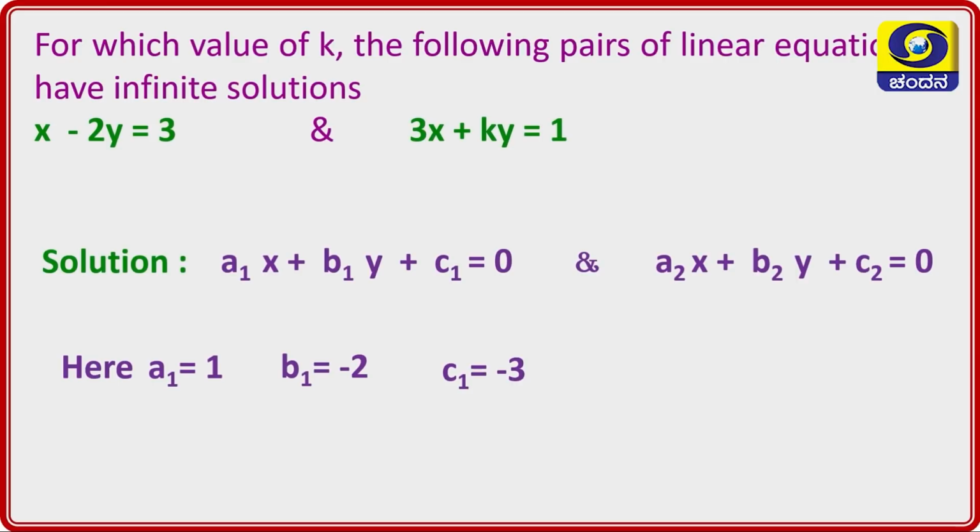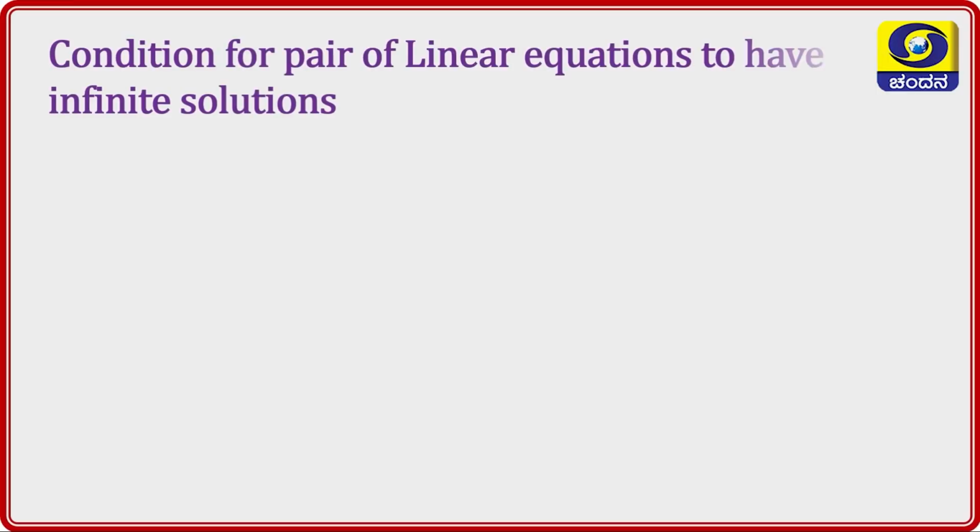The equation is x minus 2y minus 3 is equal to 0, and the second equation is 3x plus ky minus 1 is equal to 0. Hence a2 is equal to 3, b2 is equal to k, c2 is equal to minus 1. Now recall the condition. The condition for a linear pair of equations to have infinite solutions is a1 by a2 is equal to b1 by b2 is equal to c1 by c2.